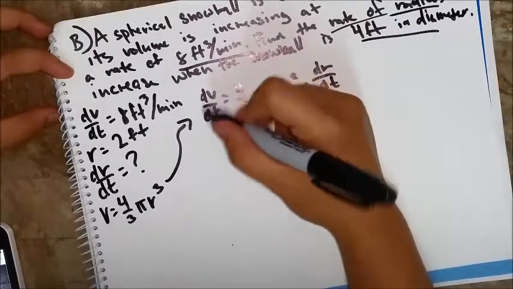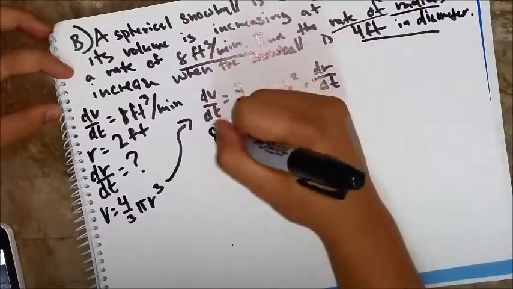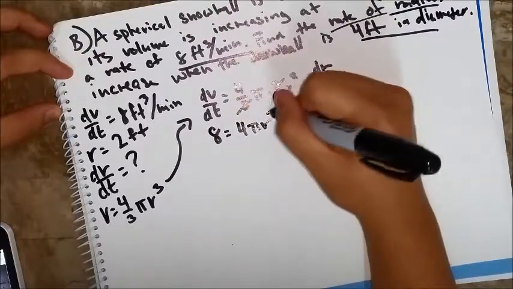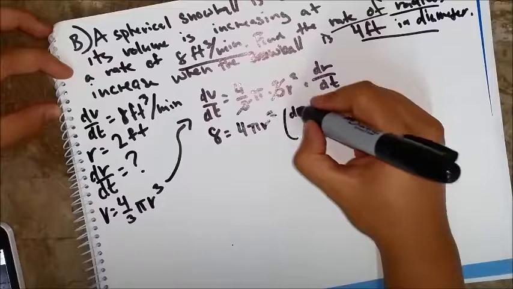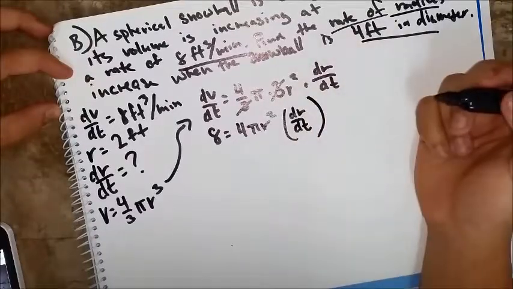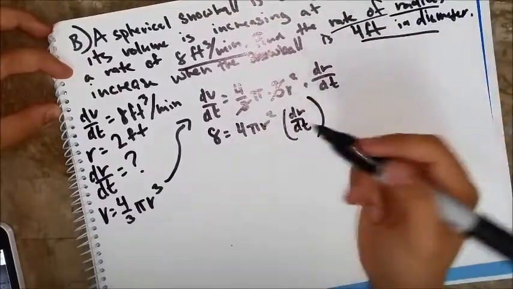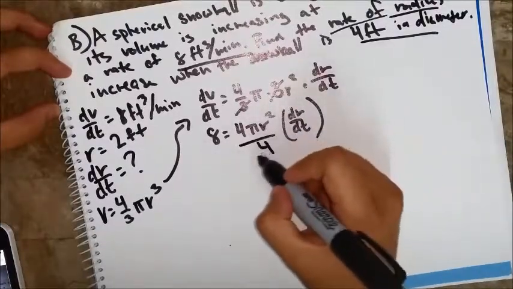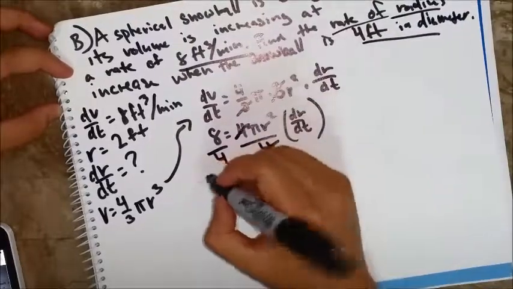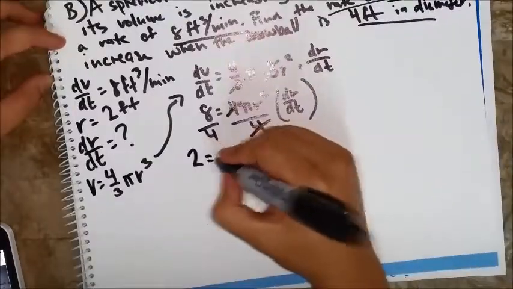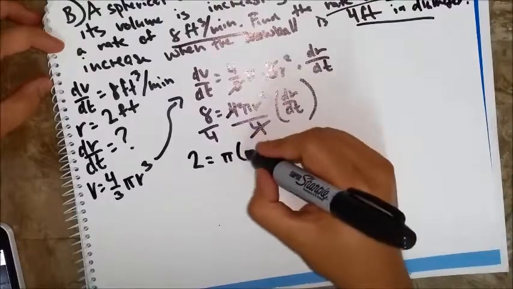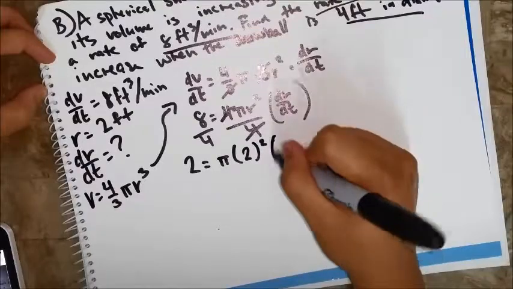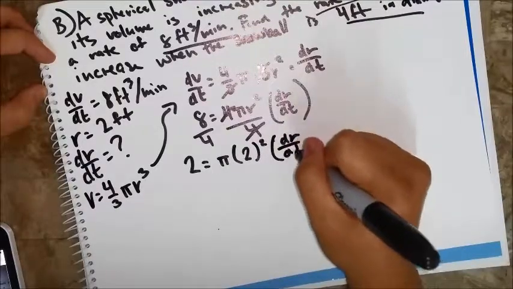We put in the dV over dt, so we have 8 equals 4 pi r squared times dr over dt. To take this out, we divide both sides by 4, and then it becomes 2 equals pi r squared dr over dt.